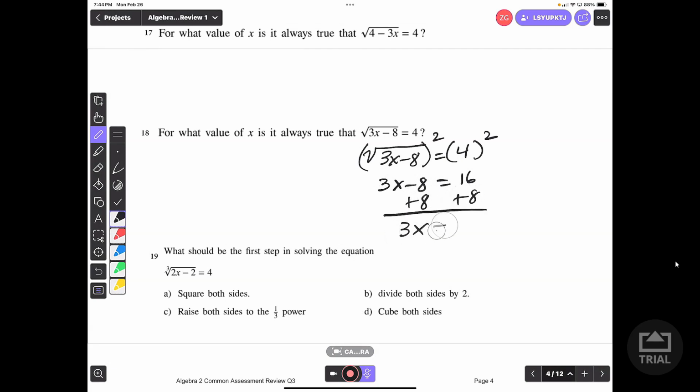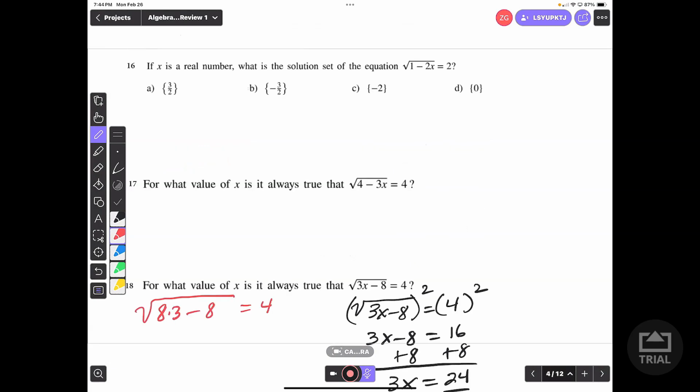So 3x equals 24. Divide by 3. So x equals 8. Remember that you always want to check, and you're going to check with the calculator. Square root of 8 times 3 minus 8 is equal to 4. 8 times 3 is 24, minus 8 is 16. The square root of 16 is 4.